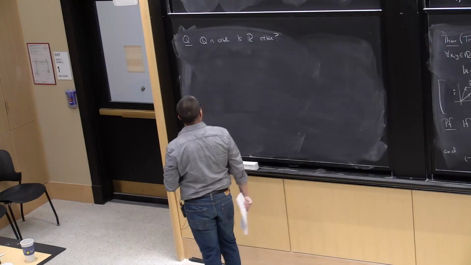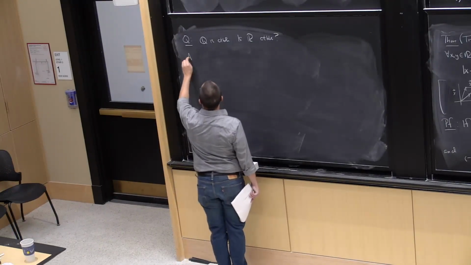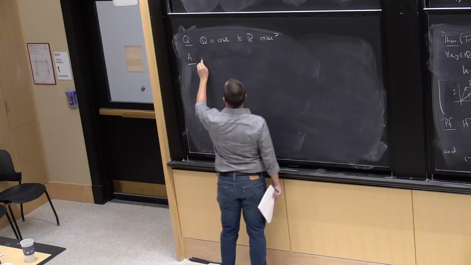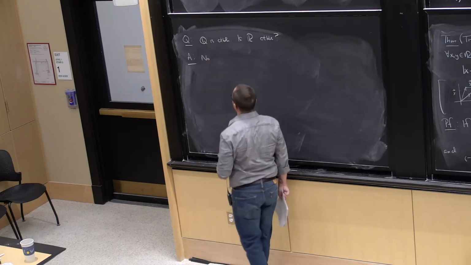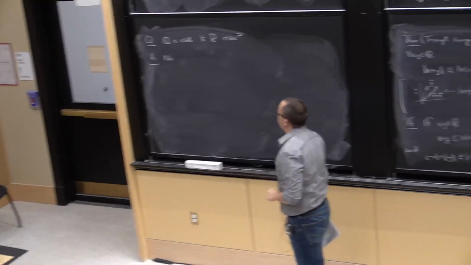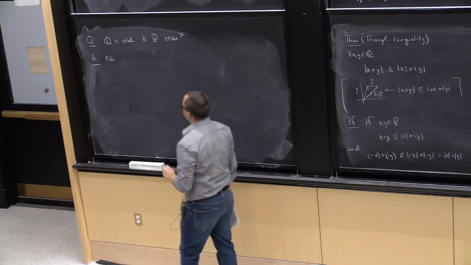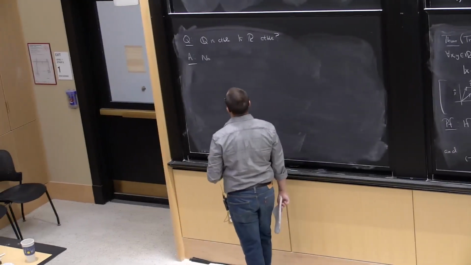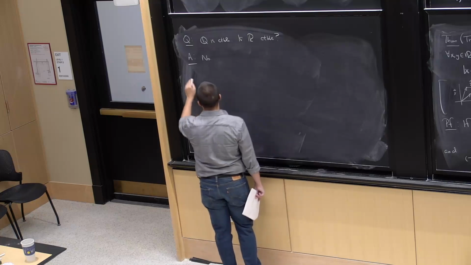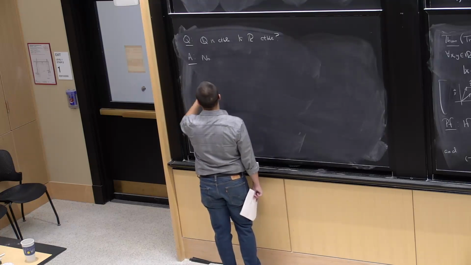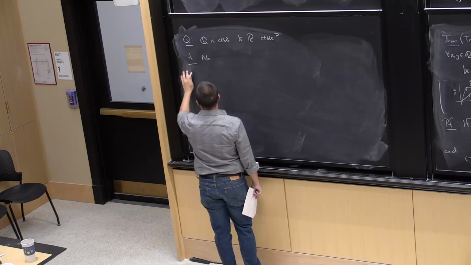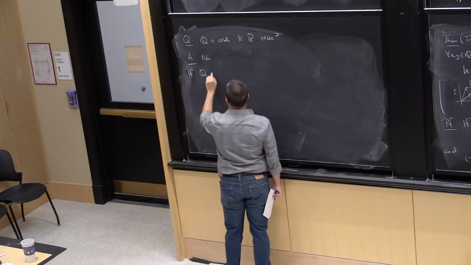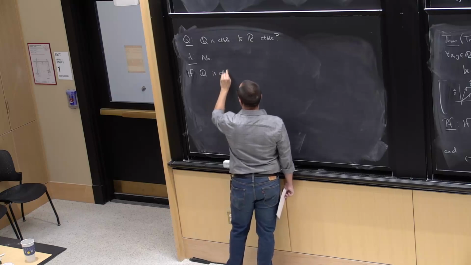So in the end, I'm not going to leave you in suspense. The answer is no. And we're going to prove this, but let me just make a few remarks about what this says. It's the following. This is not a proof of this.